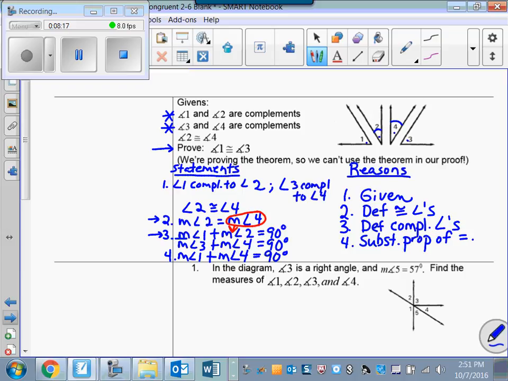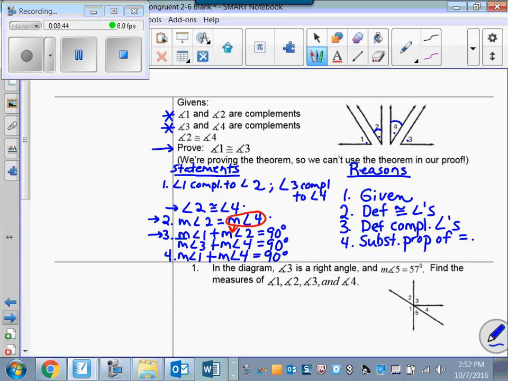And you may be thinking right now, well, how come you couldn't have just substituted in the measure of angle 4 here without changing to equality between this step and this step? Because there is no substitution property of congruence. There's only a substitution property of equality. So if I'm going to substitute, I have to have an equality statement.